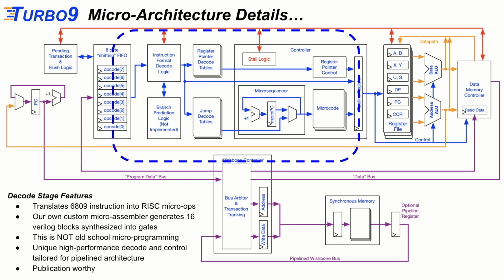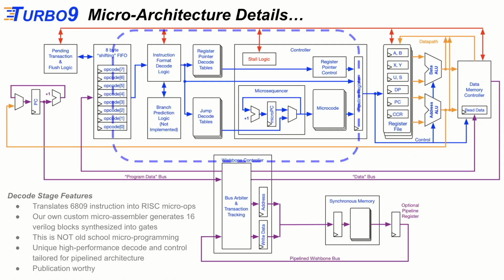We use our own custom microassembler, which generates 16 blocks. A classic microprogram machine is just going to have a microprogram ROM, and it's going to sequence through those. Our microcode is different, where we do have a sequential element, but we also have these other 15 blocks which decode directly off of the opcode.